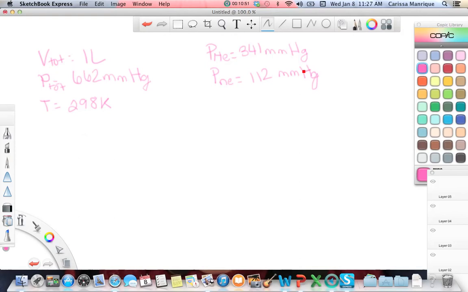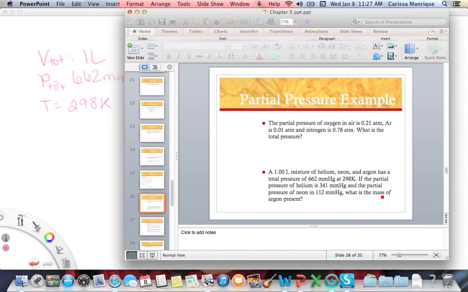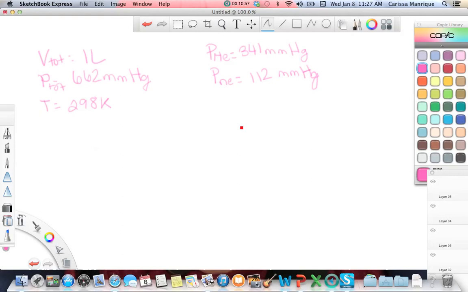And let's see what we're solving for. What is the mass of argon? Mass is in grams, so we want to know the mass of argon, in grams.